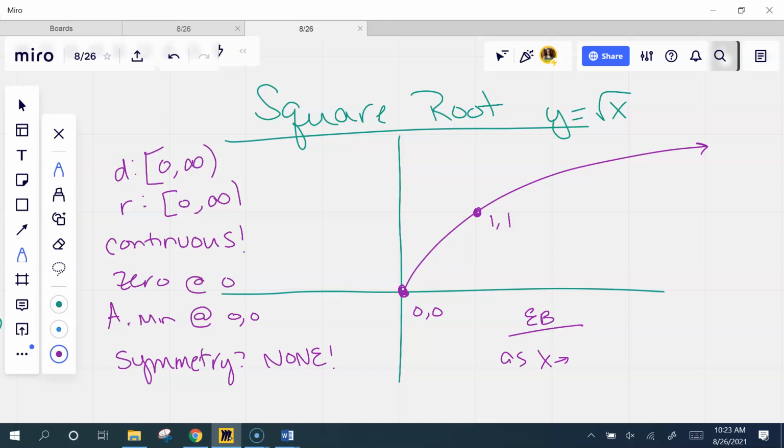As x approaches infinity, what do I do for the other side? Because there are 2 ends, I need to address it. 0. Yes. Yes.